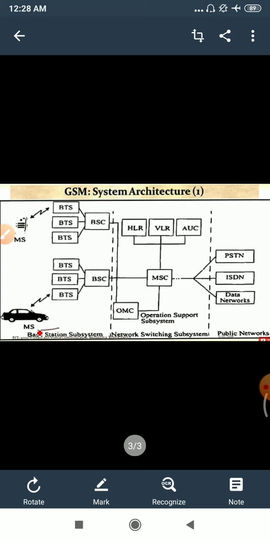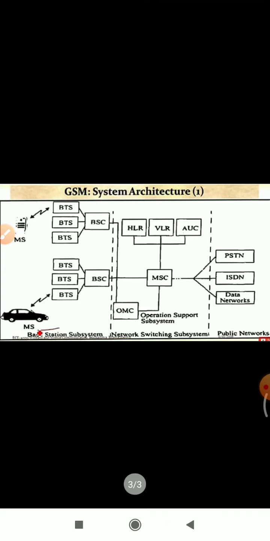A number of BTS are connected to one BSC, meaning a BSS can have one BSC but a number of BTS units. The BSC present in the BSS does the function of controlling all the BTS units connected there.